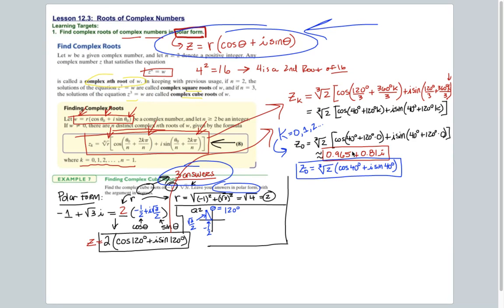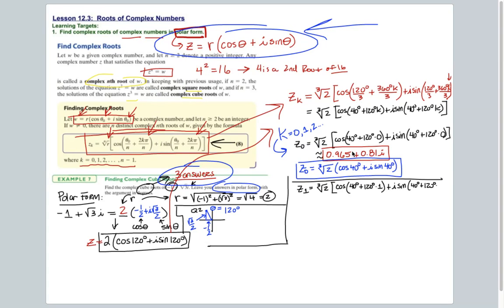When k is equal to 1, that's going to be the cube root of 2 times the cosine of 40 degrees plus 1 times 120, plus i times the sine of the same exact angle as we did with cosine, 40 degrees plus 1 times 120.